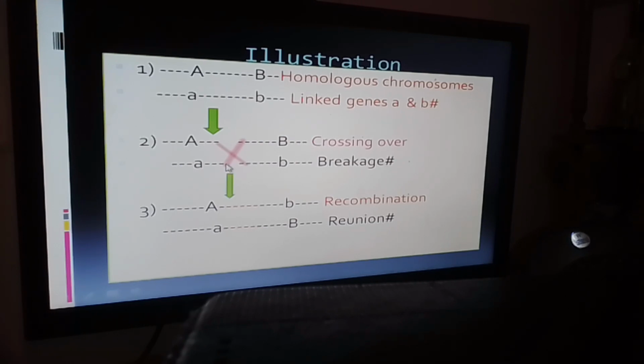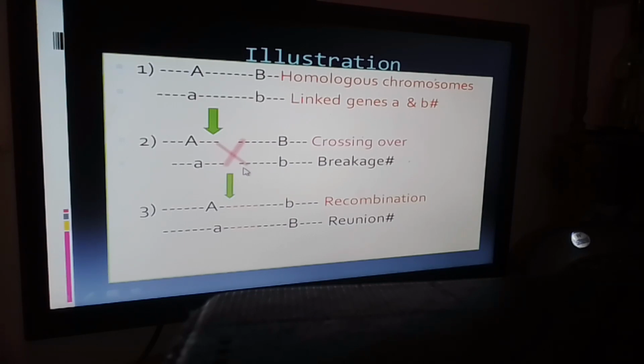And after this orientation, what happens? The end of breakage with small a will be joining the point of breakage at capital B. Similarly, the point of breakage with capital A will be joining the point of breakage with small b.